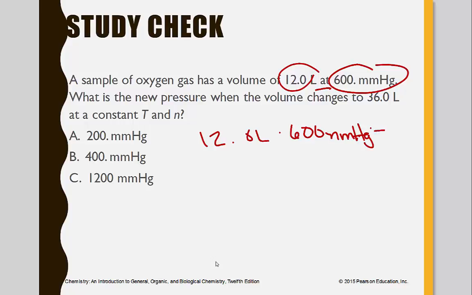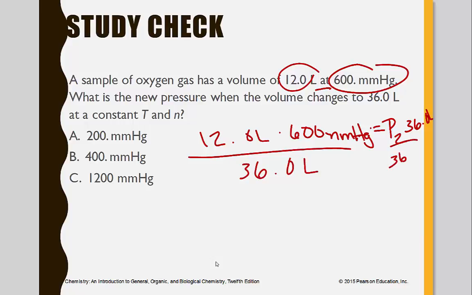We're looking for the new P if the volume changes to 36.0 liters. So 12.0 times 600 divided by 36.0 liters. The liters cancel out, so the new pressure is going to end up being 200 millimeters of mercury, which is A.